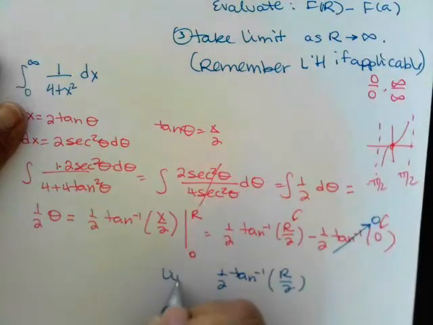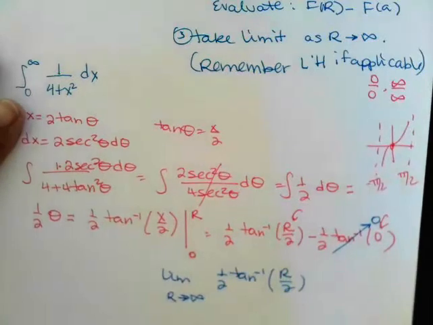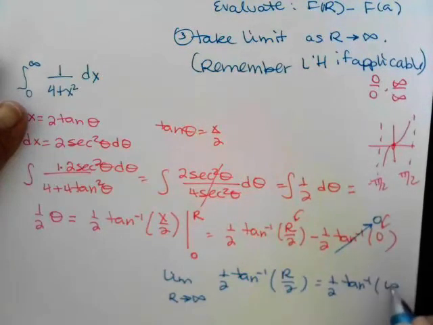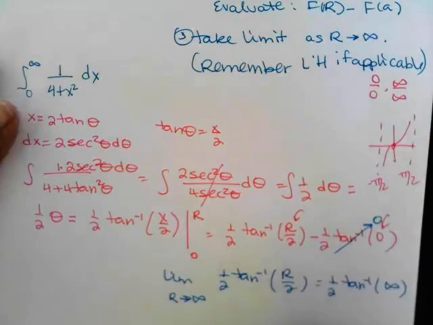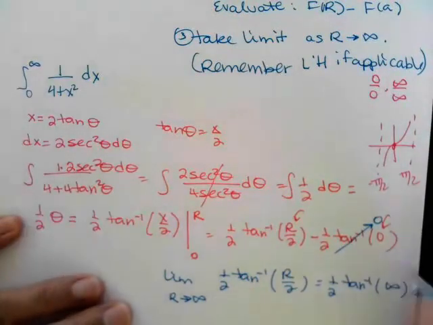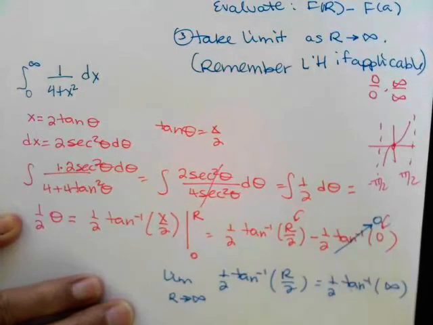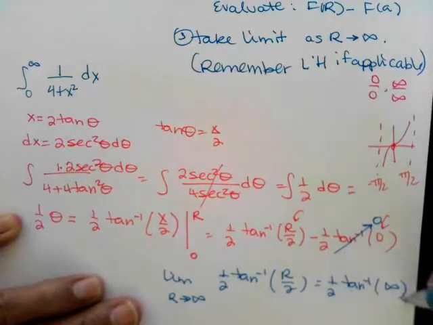And I want to take the limit as r gets really big. So I have 1/2 times the inverse tangent of infinity. So infinity over 2 is still just infinity. So what angle has a tangent value of infinity? And notice it's positive.